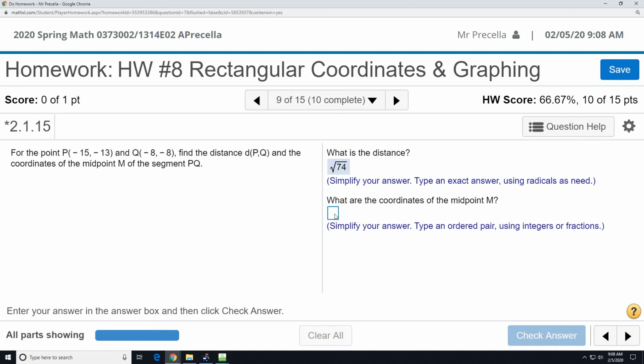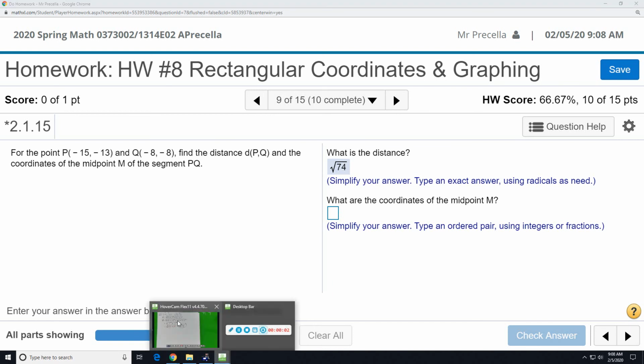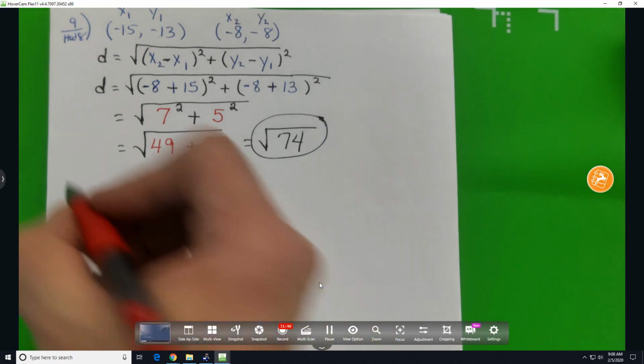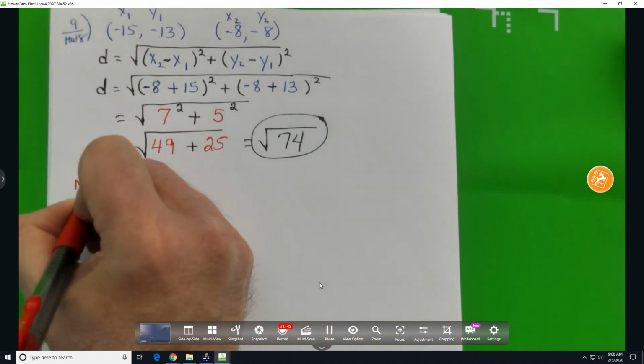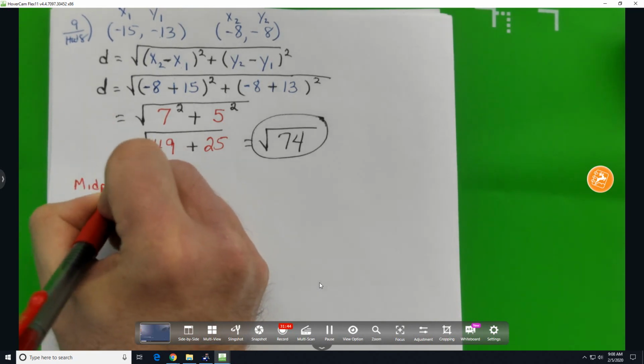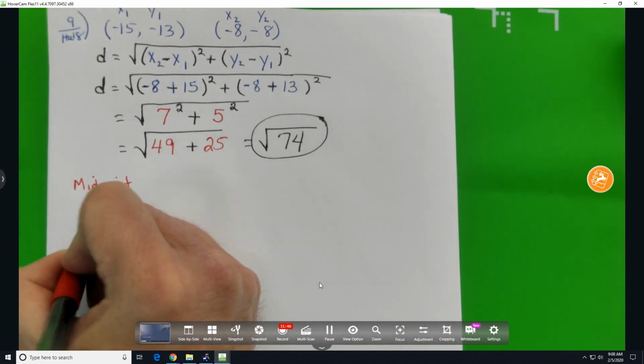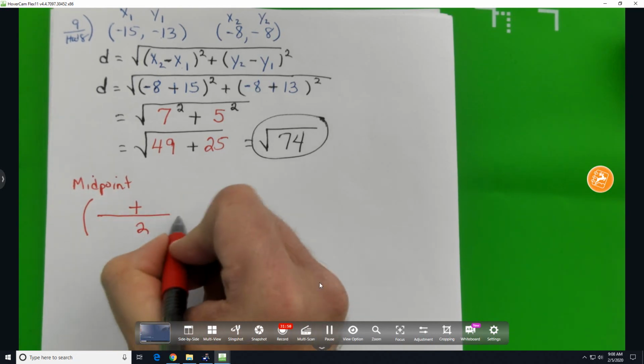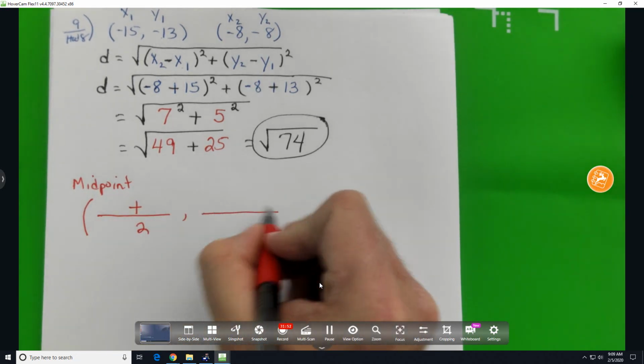And now the midpoint. Let me go ahead and write the midpoint formula down for us. Okay, so I'm now doing the midpoint formula. The midpoint formula, you add the x's and divide by 2.